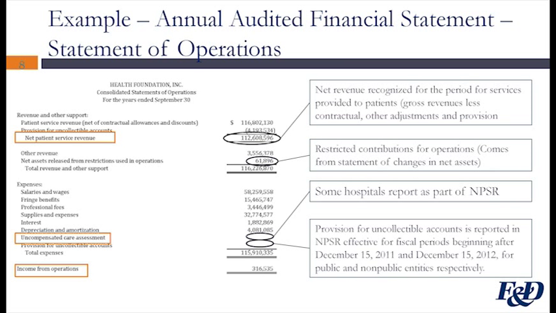So basically, in order to participate in the health safety net, an organization needs to pay a tax, an assessment, to be part of the pool of funding that helps organizations that provide services to a disproportionate share of low-income families.